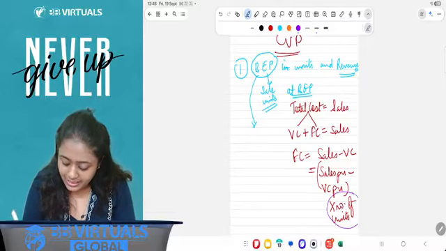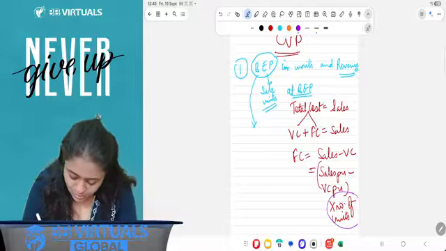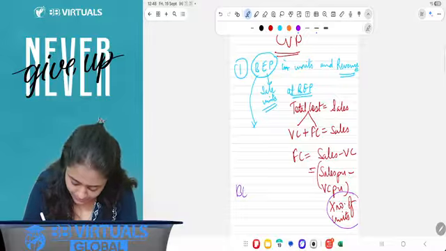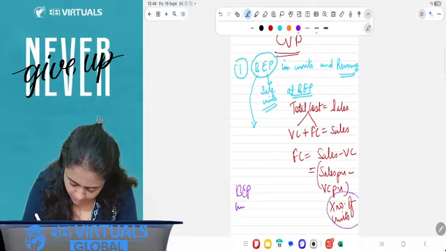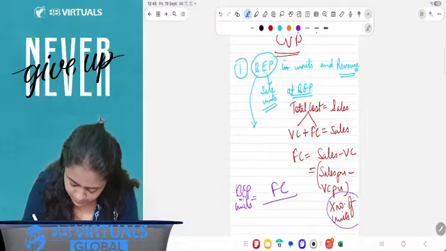So how can I derive? I can simply say that now I want this on this side. I will take this formula on this side. So my number of units would be, I can say that break-even point in units is equal to fixed cost, because fixed cost is total always, remember.